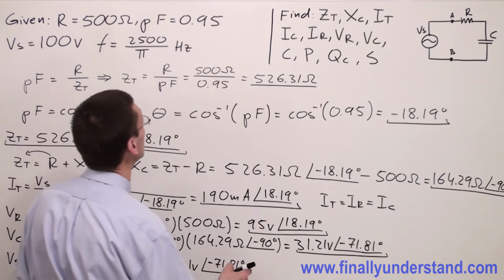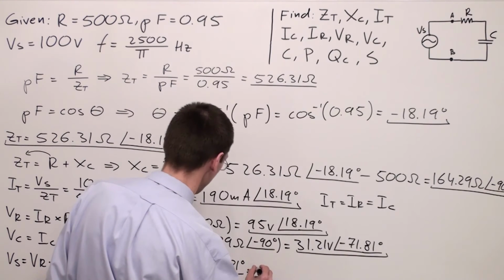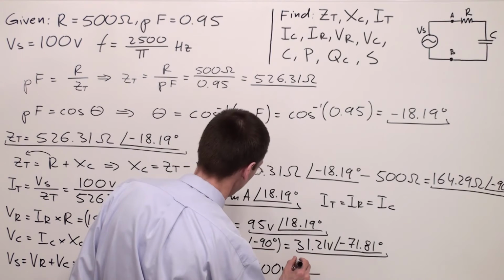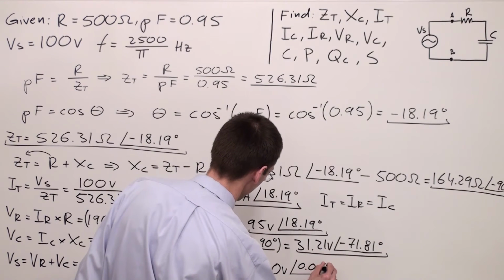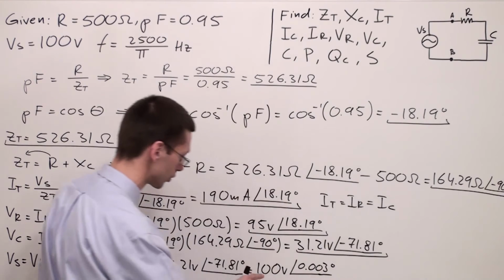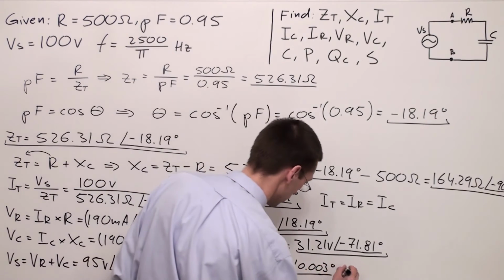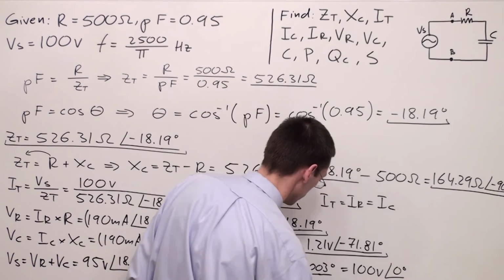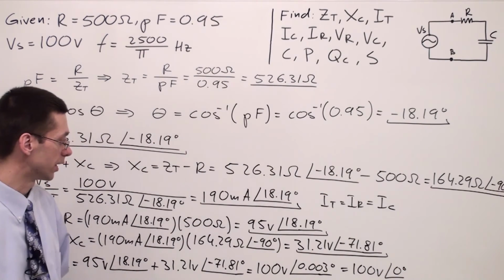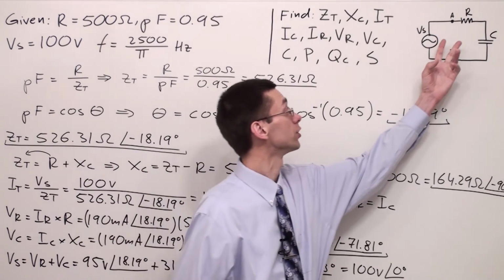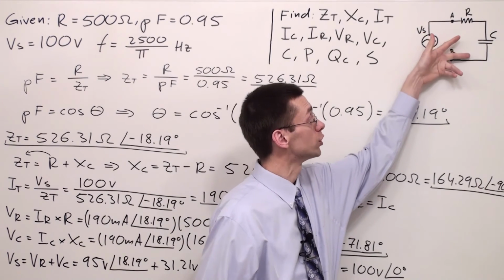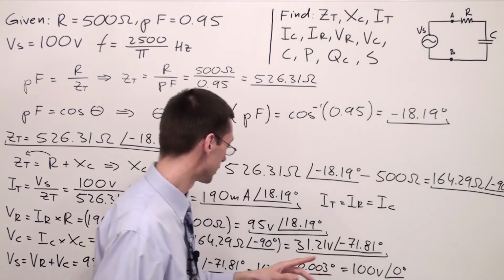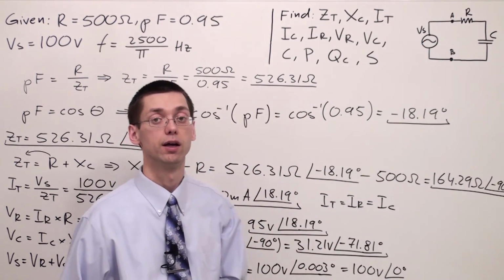Use the calculator. Supposed to get the value 100 volts and angle of 0.003 degrees. Okay, so this is nothing else, just 100 volts and angle of 0 degrees. So please notice that we add voltage across the resistor and voltage drop across the capacitor, and we obtain the voltage source. So it means that our calculations so far are correct.